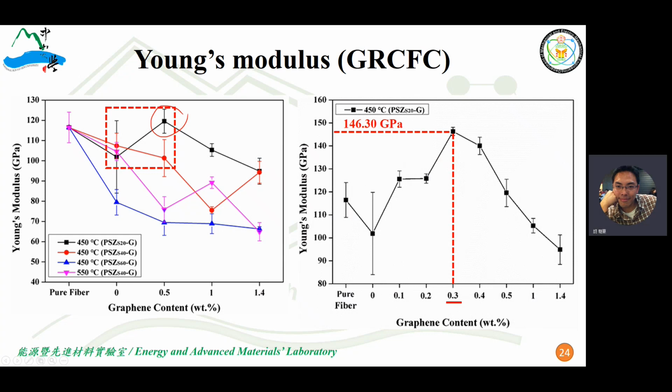We figured out that when the graphene content is about 0.3 weight%, it has the highest Young's modulus. I mean, this carbon fiber composite has the highest Young's modulus, and the enhancement of Young's modulus is about 26% by this graphene.